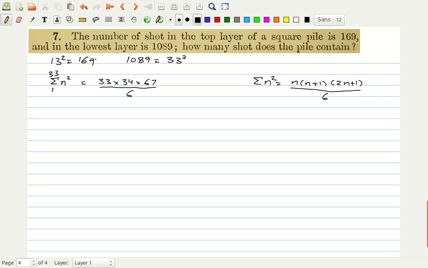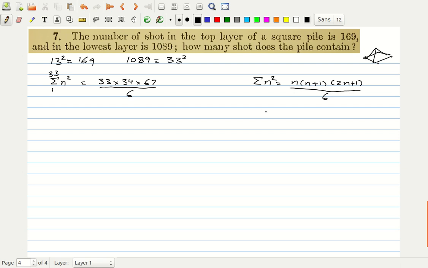Now imagine the top layer is a square of side 13. If we consider the pyramid with a base of only 12 balls on a side, we will consider this pyramid. If we subtract this pyramid from the pyramid with 33 balls in the base, we will get the total number of balls that we have to find.